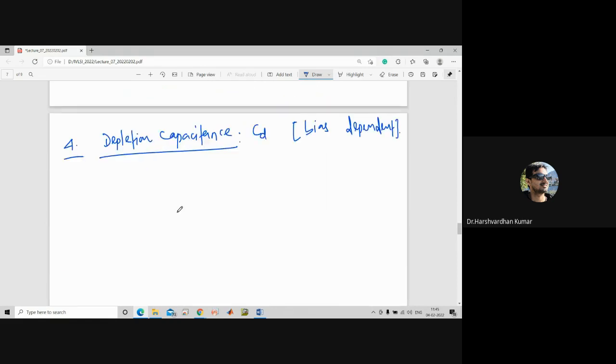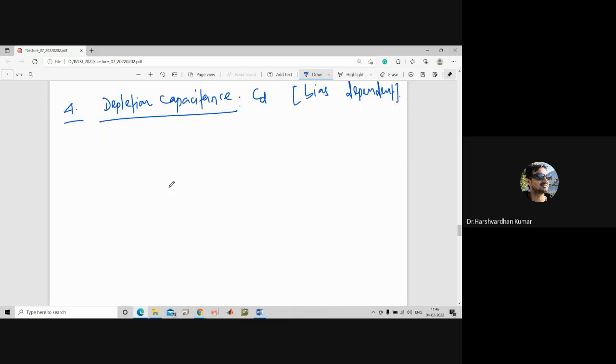So now let us talk about the depletion capacitance. Let us draw the structure once again.